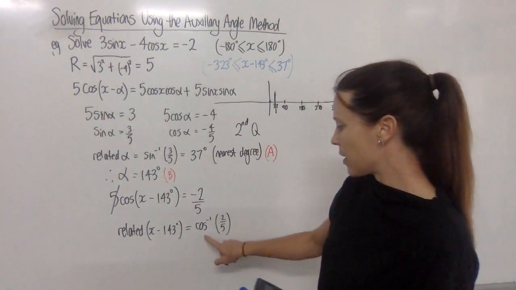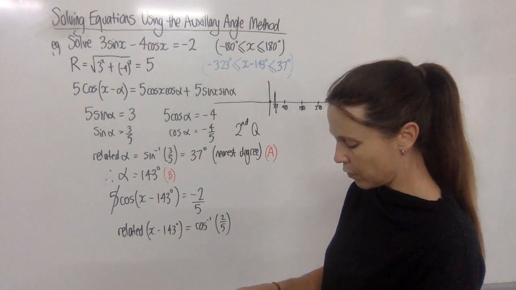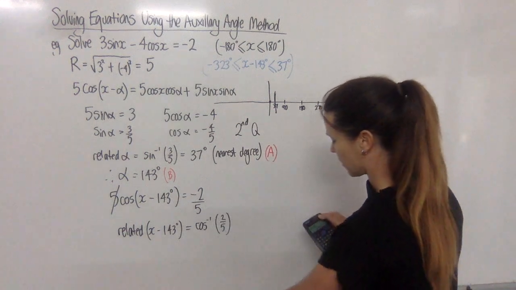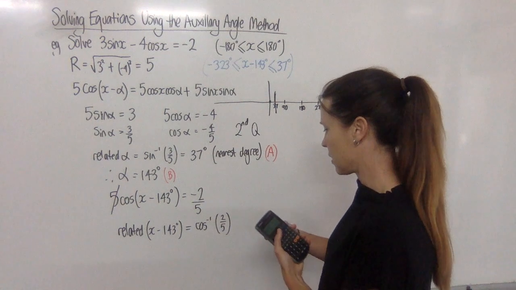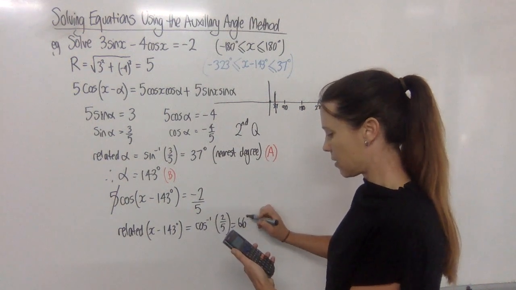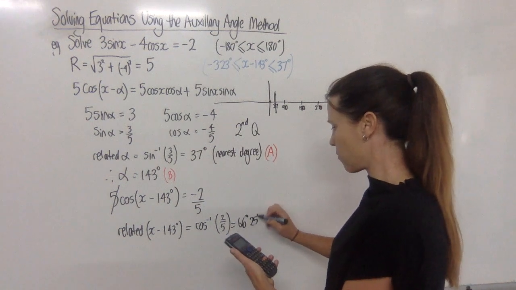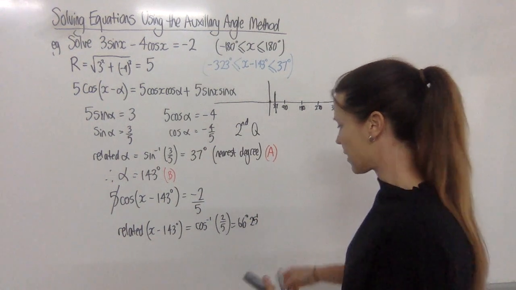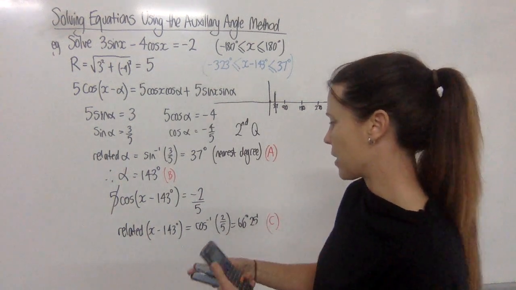Okay, now I need to find this one and store it. So the inverse cos of 2/5 is 66 and a bit degrees. Okay, so let's jot this down. It's 66 degrees and say 25 minutes, and I'm going to call that shift store C. Okay, so I've got it stored exactly in my calculator.